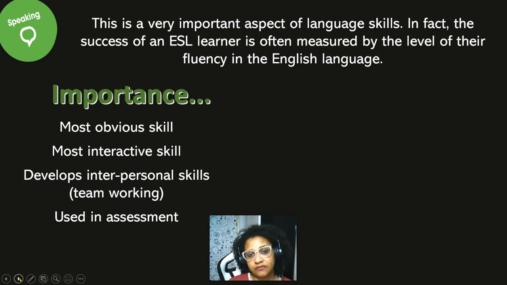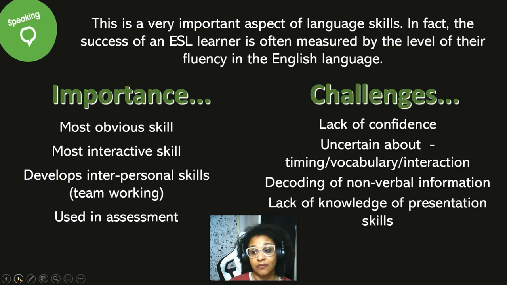It develops interpersonal skills, as listening does, especially team working, and it can be used in assessment. So, again, developing speaking skills is something that will push the students further and show progress more than the other ones. What are the challenges?